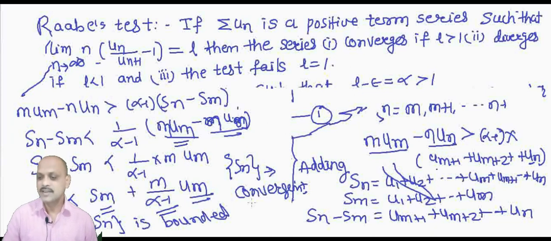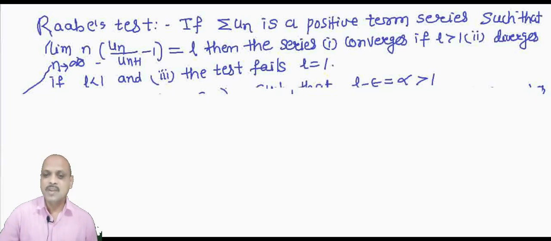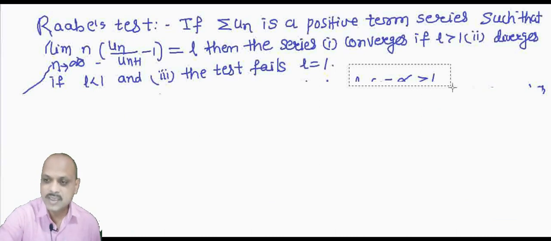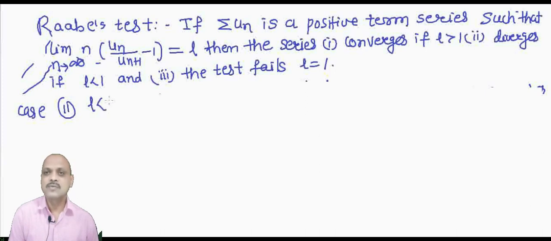Now we see that the series is divergent whenever L is less than 1. Again, to prove this, we consider the term L plus epsilon less than 1. Case second, we are proving the case second where L is less than 1.